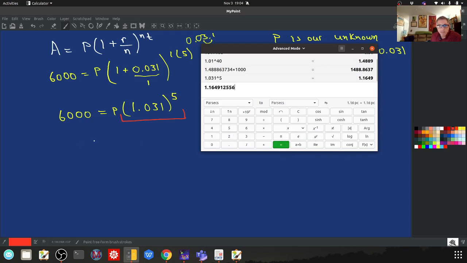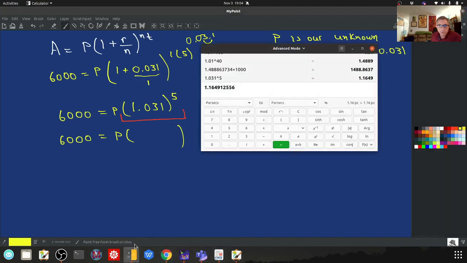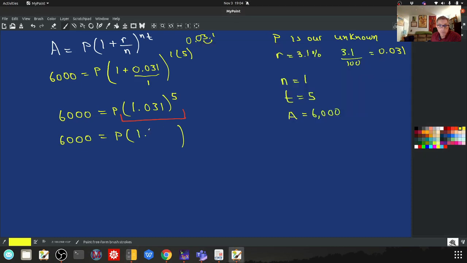And my answer is 6,000 is equal to P times my calculator amount, which is 1.649. I'm just going to put it right there, 1.649.